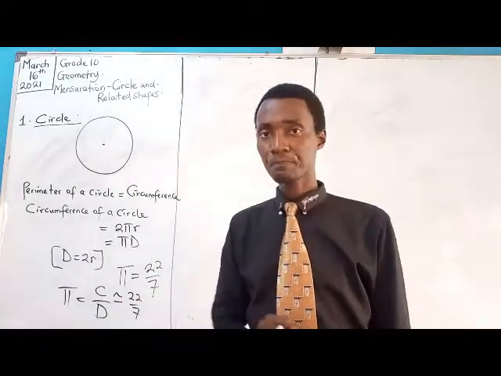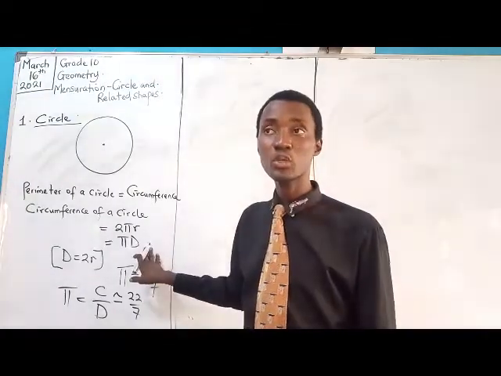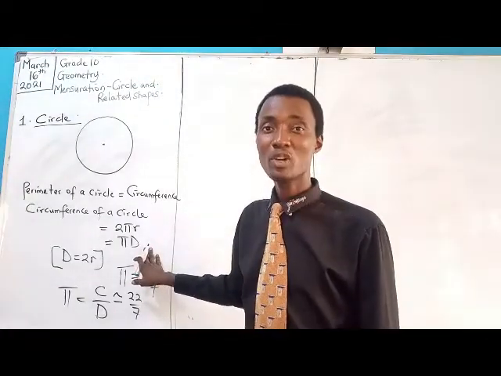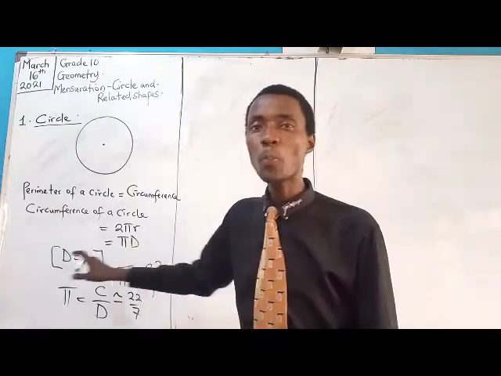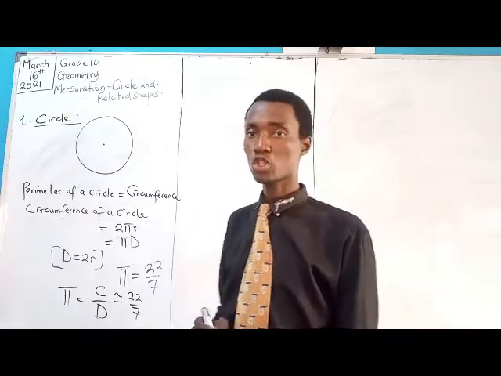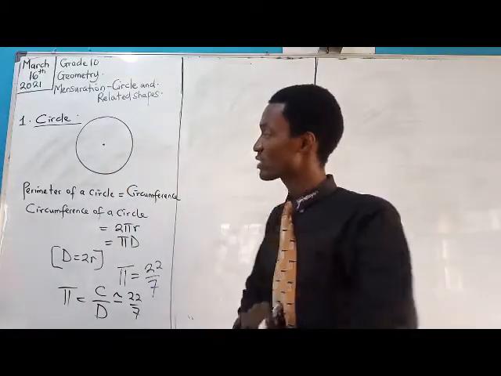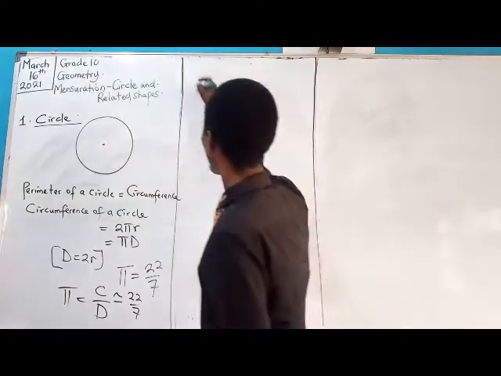Pi d. It's very important you pay close attention to this idea, because this will help us to develop other formulas for other aspects of this discussion. So that's for the circumference of the circle, or the perimeter of the circle. Now, what about the area?